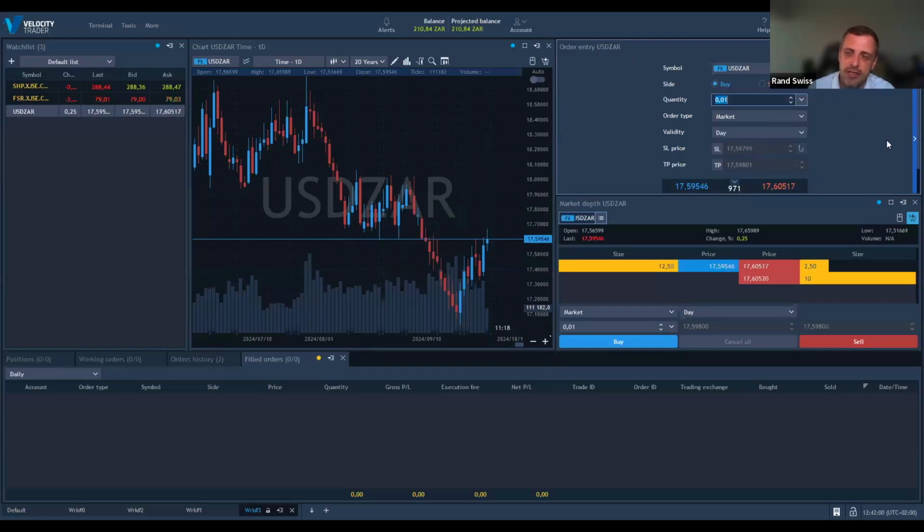So what does this mean? 1.00 is 100,000. So 0.01 is $1,000. So that's the lot size of 0.01. You're essentially trading $1,000 worth of Forex, or $2,000 worth of Forex, or $10,000 worth of Forex. Entirely up to you.